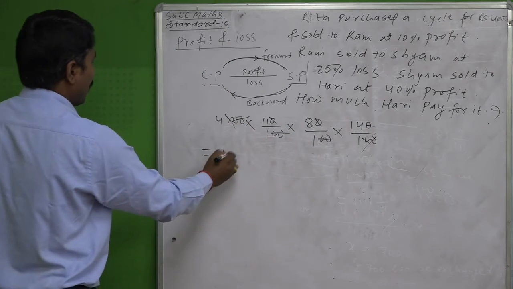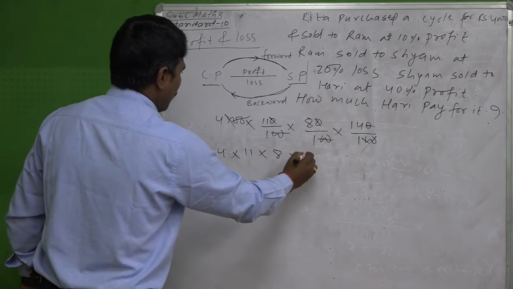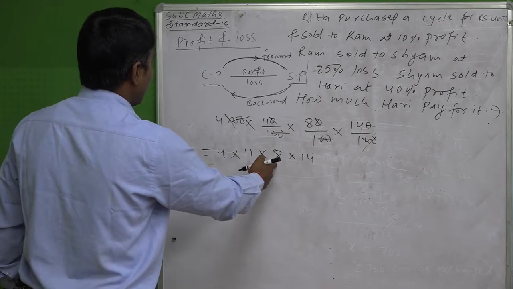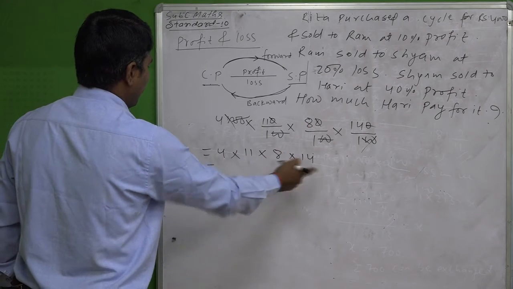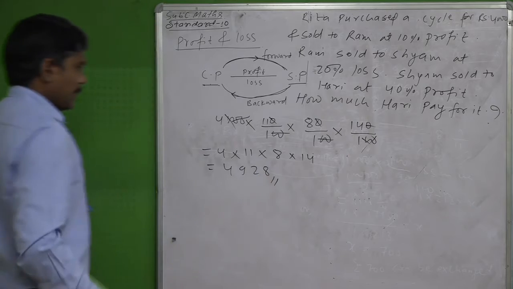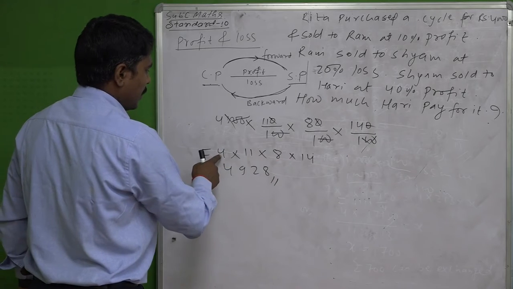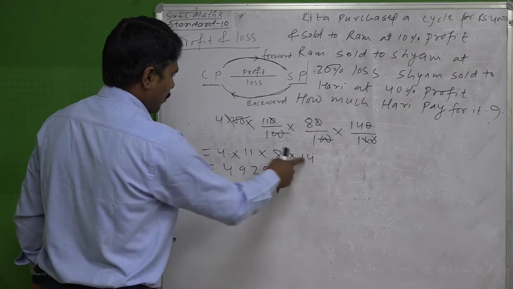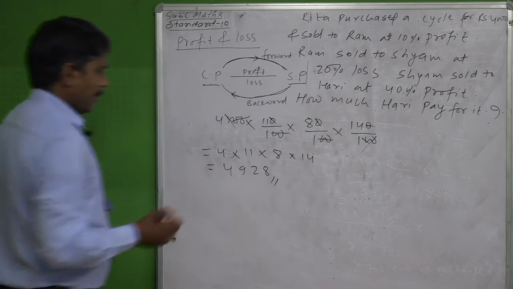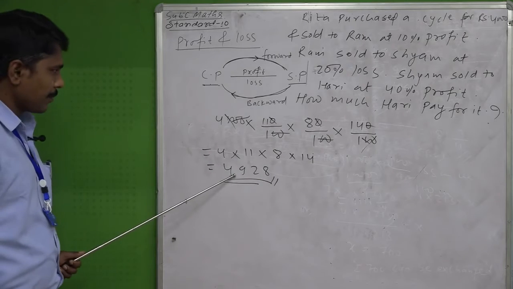Now the remaining is 4 into 11 into 8 into 14. Now you will get 11 fours are 44, then 8, and 4,928. In this way you can find it at last.